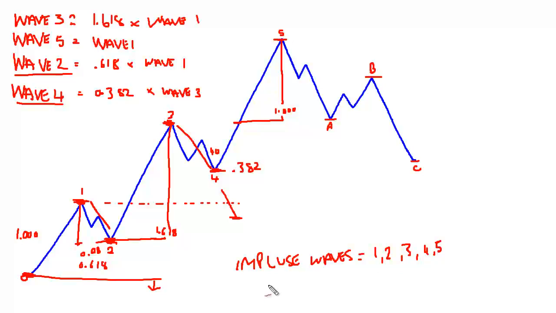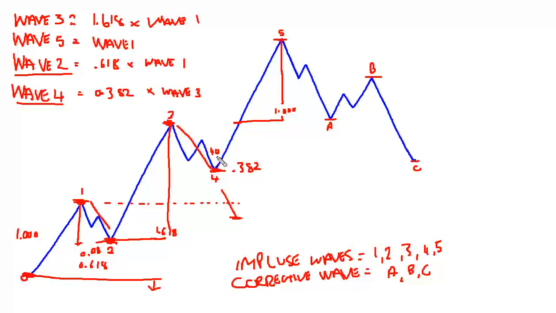Then we have what's referred to as corrective waves. Corrective, excuse my mouse writing. Corrective waves are wave A, wave B and wave C. So waves 1, 2, 3, 4, 5 are impulse waves, and A, B, C are corrective waves.